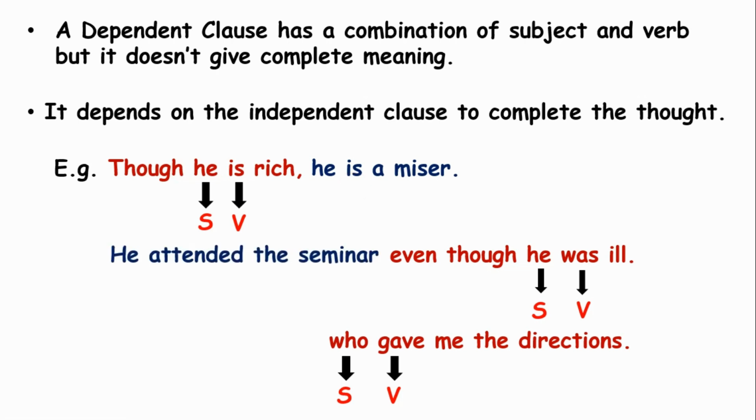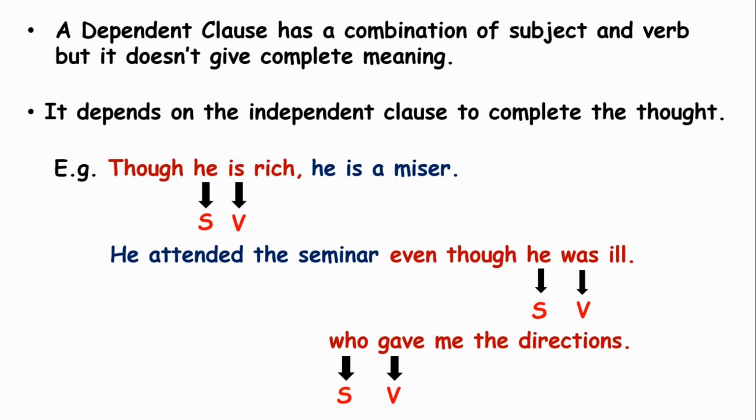Let us see the second one. He attended the seminar even though he was ill. Now, if you see, he attended the seminar. Here comfortably you can put a full stop and use it as a simple sentence. He attended the seminar. No problem with that. It has a subject he and attended, a finite verb at that. He attended the seminar even though he was ill. This is a continuation which completes the thought here.